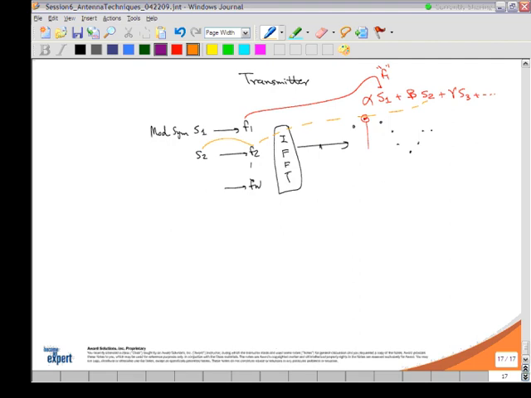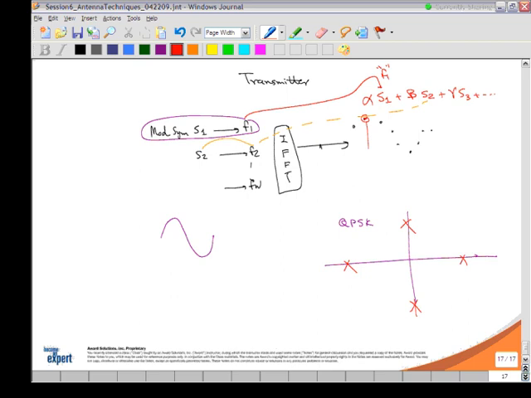So let's focus on this F1, and let's have QPSK modulation, that would be, let's say, something like 1, 2, 3, and 4. Okay, S1.